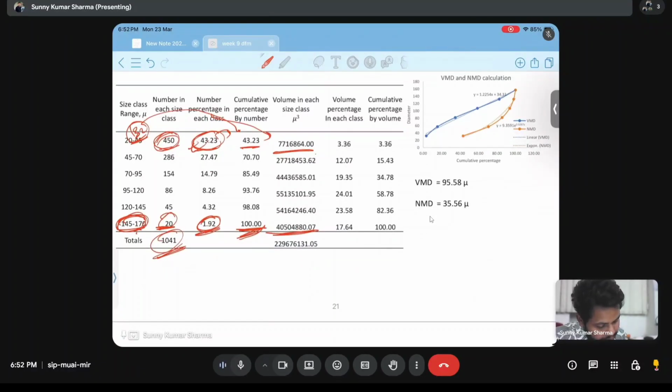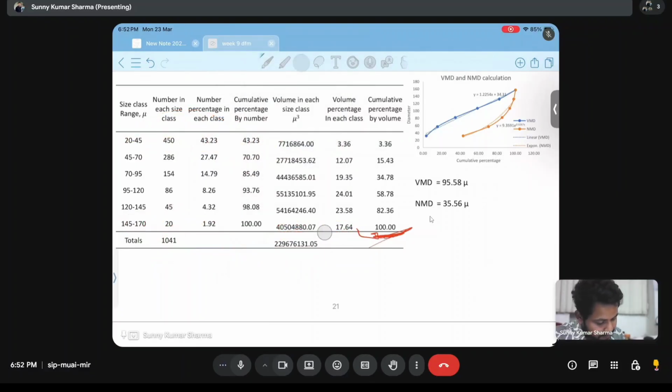So volume percentage means this is how much percentage of this amount. This is 3.36%, and this is 17.64, and this will again reach 100%. Total 100% volume is there. Total 100% droplets are there. So this is the final data you will get for median calculation.